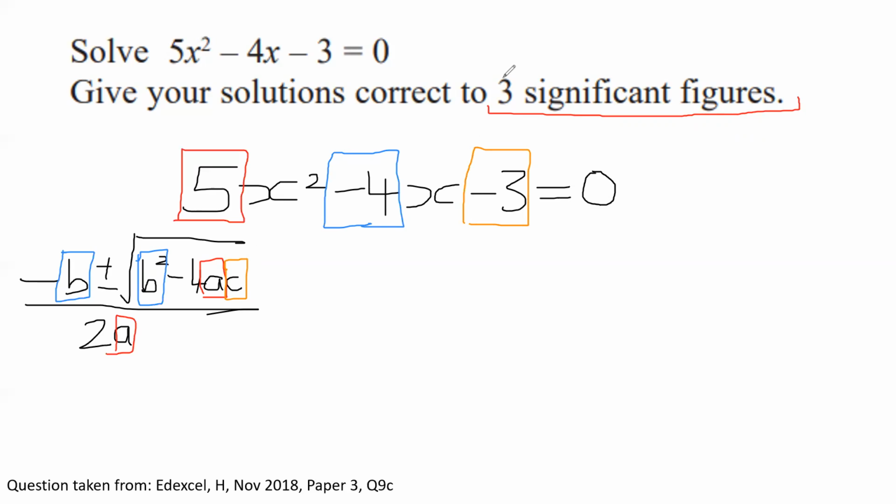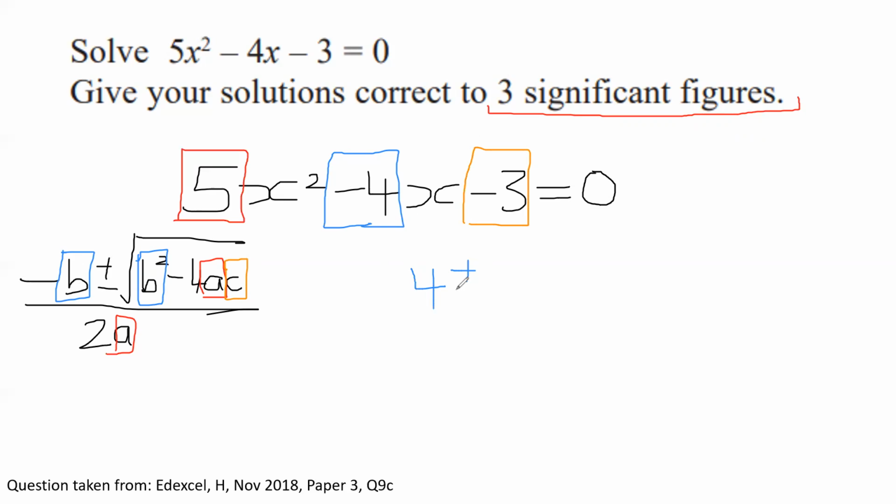Obviously, it's not actually as simple as that. So let's start by popping some of these numbers into this equation. We start with minus b, so minus 4 would just be 4.